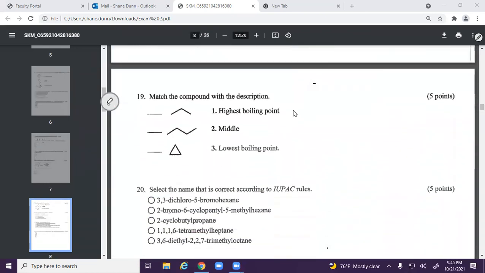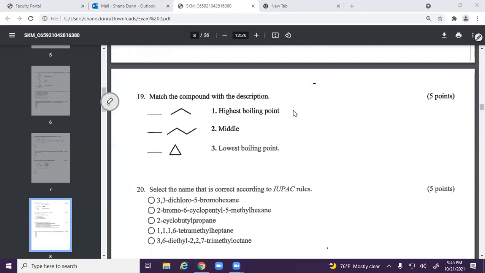Okay, 19. Boiling point. So which one boils faster? Cyclostructures have higher boiling points than their alkane counterparts.